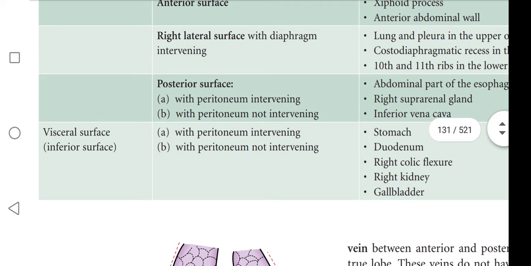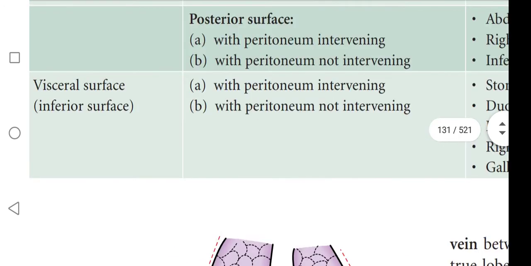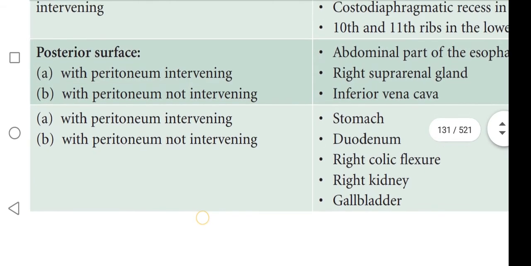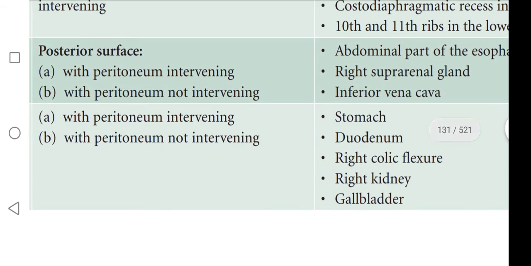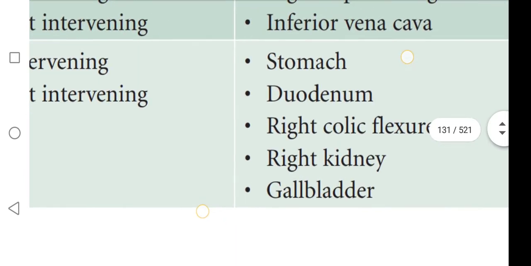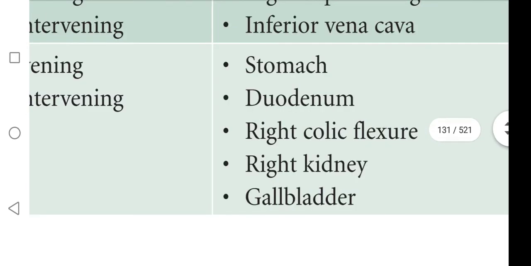Next, the visceral surface. We also call this the inferior surface. Now we are talking about the visceral surface, which is related to the stomach; with the stomach it forms the gastric impression.